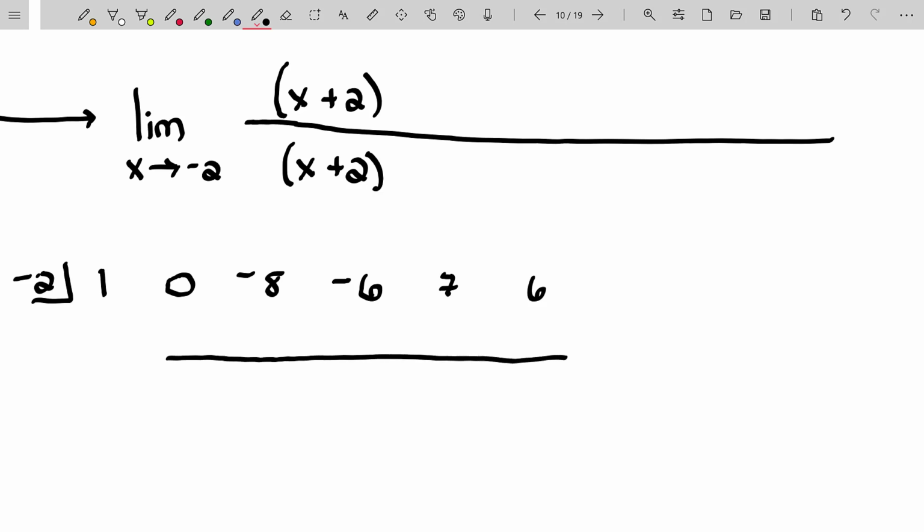Plus 6 for the constant. Now I'm going to bring down the 1, multiply 1 times negative 2, and put it right there.